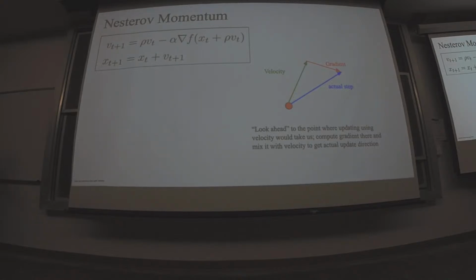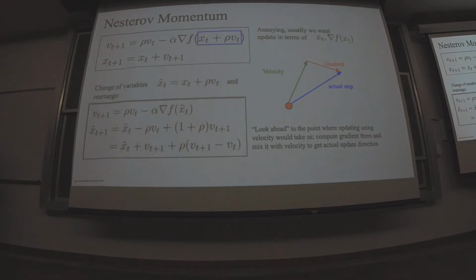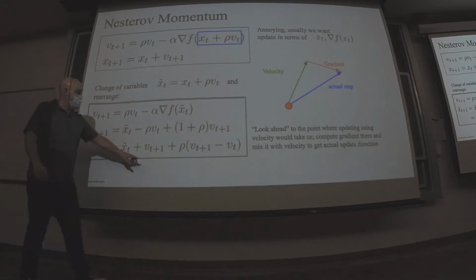But yeah, so this is known as Nesterov momentum. Don't get it confused with plain old momentum. It's this look ahead momentum. If I do some sort of change of variables, you can see a little bit more of a look ahead operation here, when we do this update.